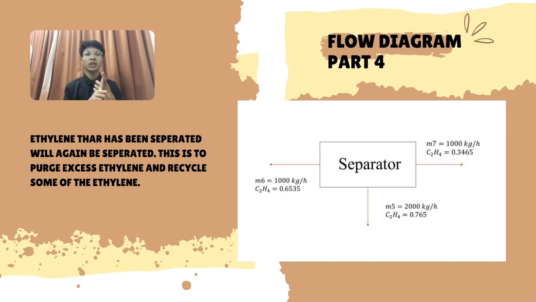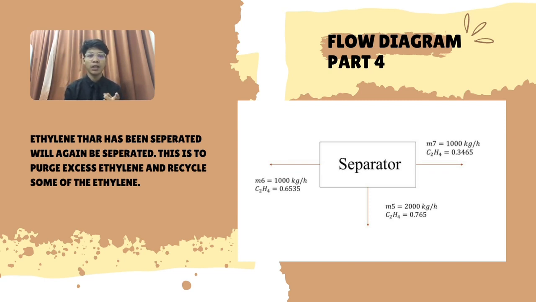From the previous part, the ethylene will flow again into another separator to make two parts. The first one is we flow the stream into the mixture by the recycle process, and the second one we purge the ethylene away from the diagram. So we move to the recycled part first.